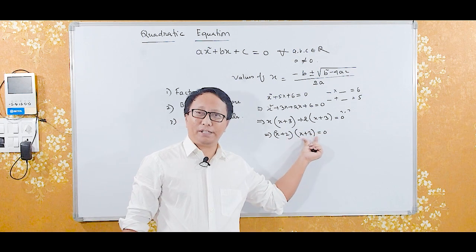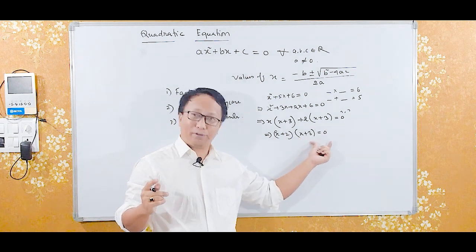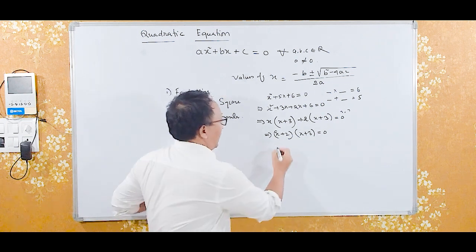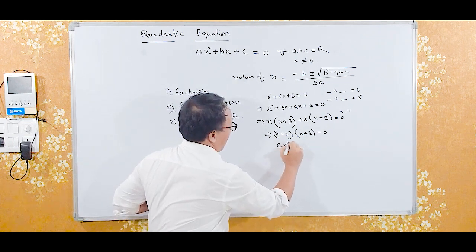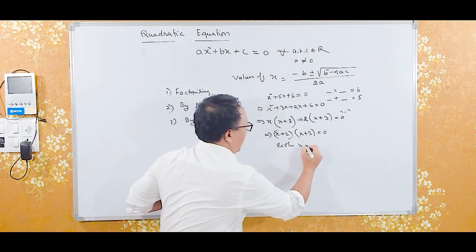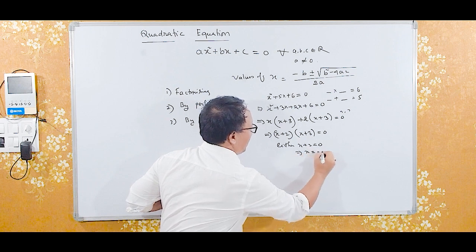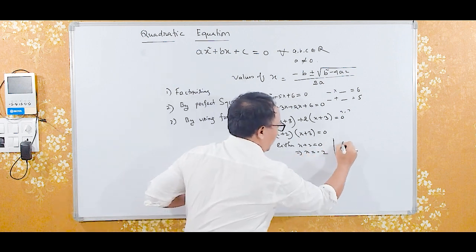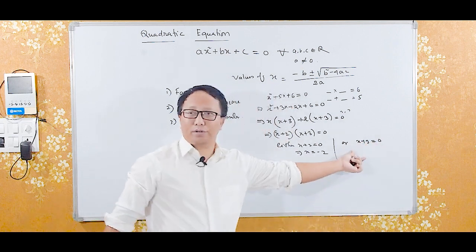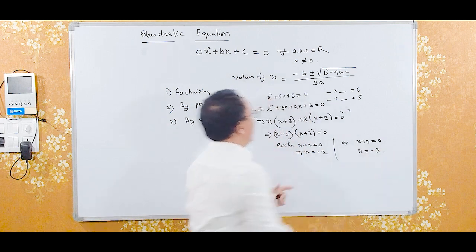This into this equals 0, so either this equals 0 or that equals 0, or both. So x + 2 = 0 implies x = -2, or x + 3 = 0, which means x = -3.